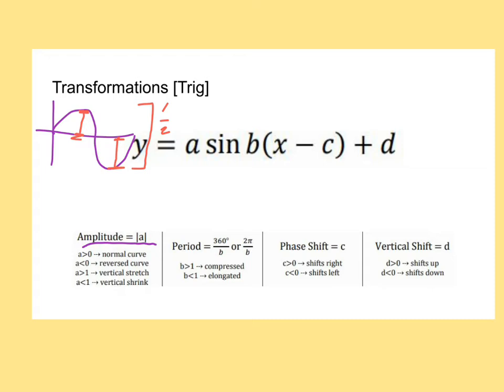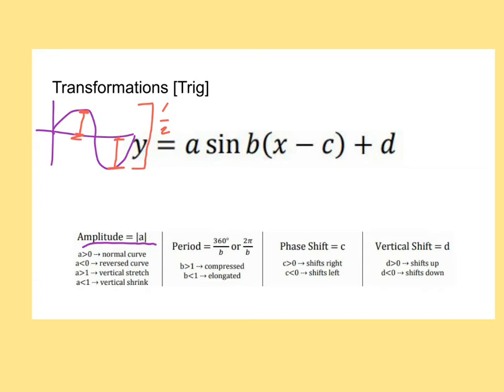Now, amplitude is also always an absolute value, so in a way, it's always going to be positive. But if we have an A value that is less than 0, that means we're going to have a reversed graph, that instead of going up, we're going to go down, as needed.